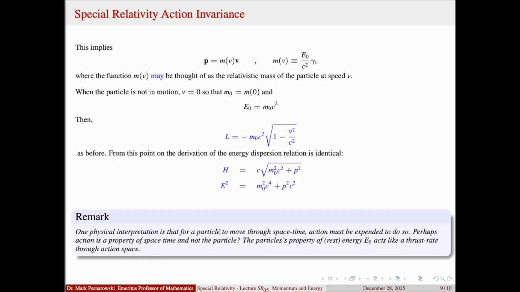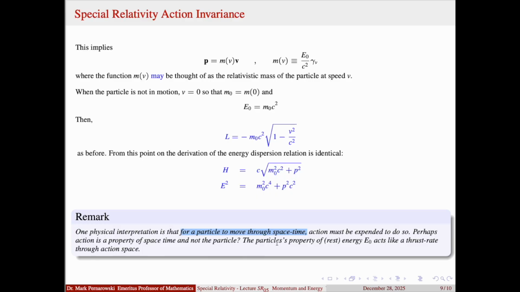One physical interpretation is that for a particle to move through space-time, action must be expended to do so. That means dS d tau has got to be negative something. And it could be that this is a property of space-time itself, possibly a property of the particle, perhaps both.